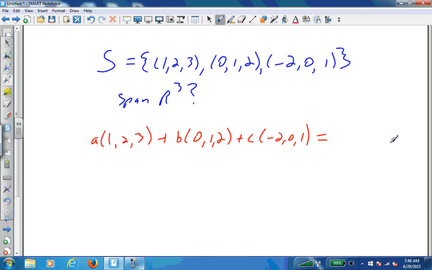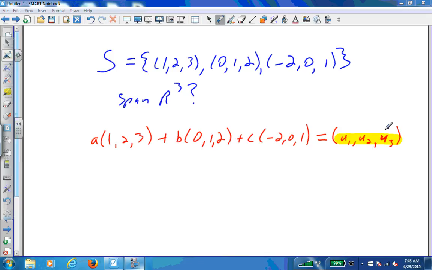Now we could use different notations. The book calls these U1, U2, and U3. You could do X, Y, and Z, or R, S, T, whatever you wanted to. But this just stands for any random vector in R3 where U1, U2, U3 could be anything.